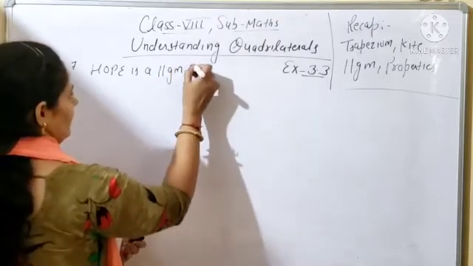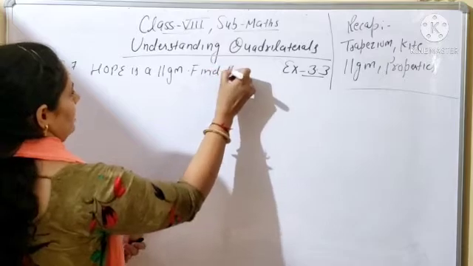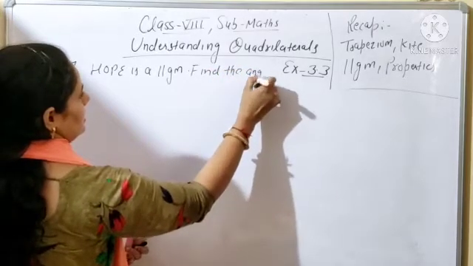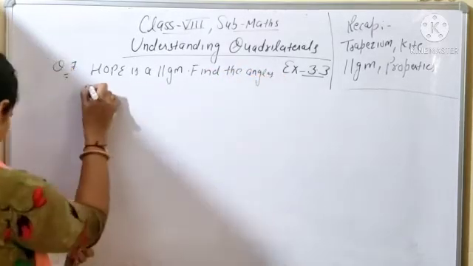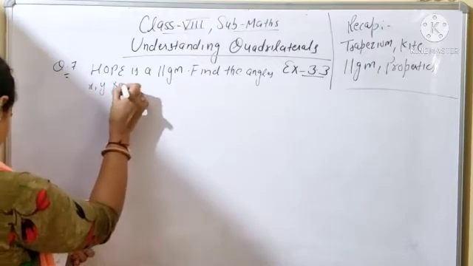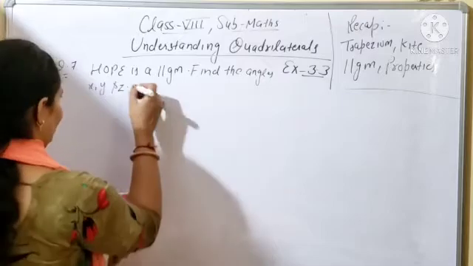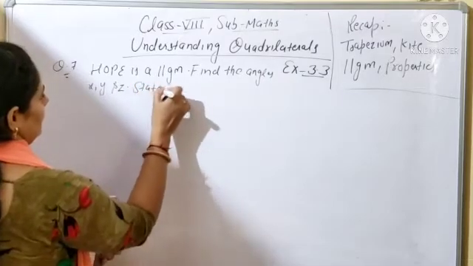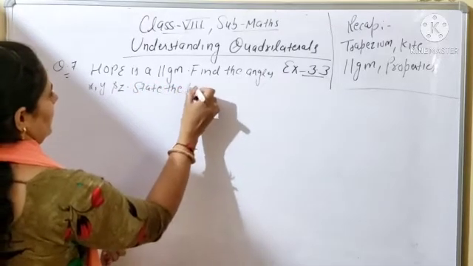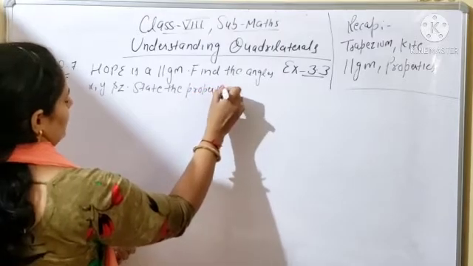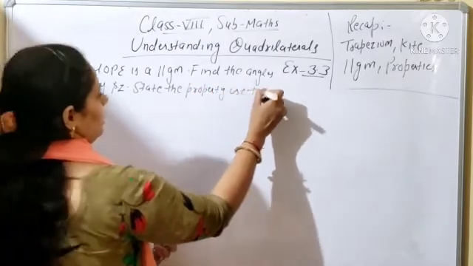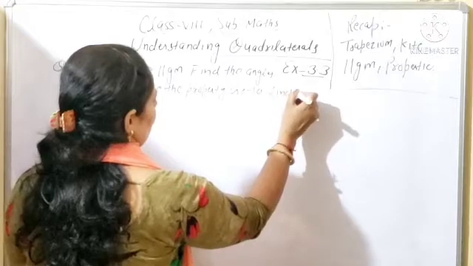Find the angle measures. Find the angles X, Y and Z. State the property used to find them.